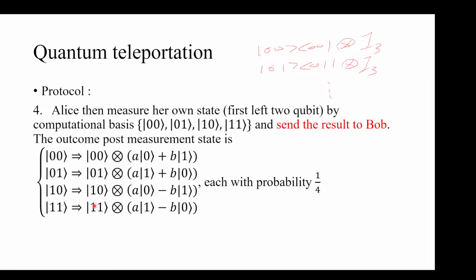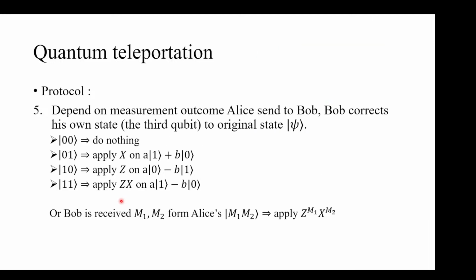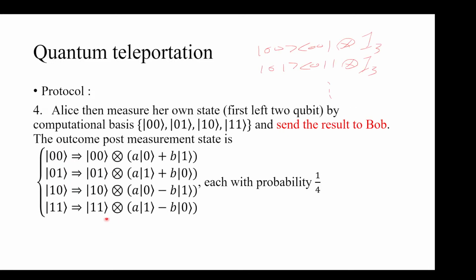We are over time, so let's say very quickly what Bob will do and just close up here. Alice knows the 4 measurement outcomes, and Bob will get those 4 states, like the state Alice gets. What Alice will do is send the measurement result to Bob.